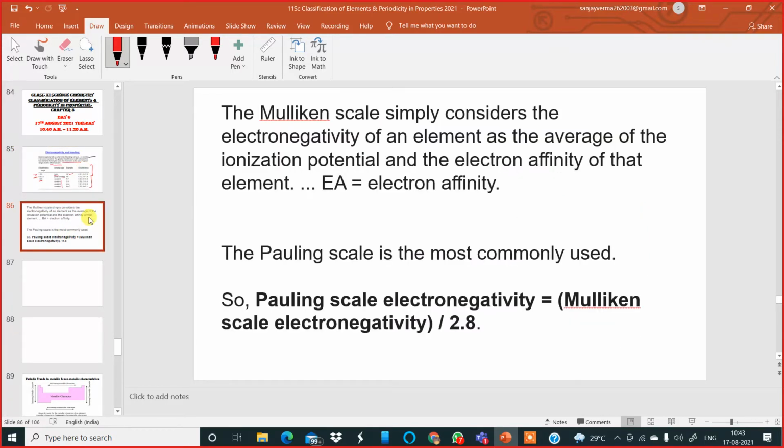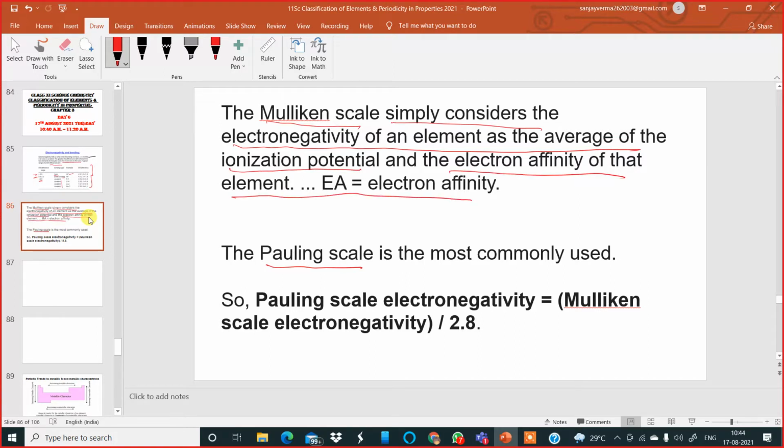Now, looking at the next slide, there are two scales with the help of which the electronegativity concept has been made much clearer. The two scales are the Mulliken scale and the Pauling scale. The Mulliken scale simply considers the electronegativity of an element as the average of the ionization potential and the electron affinity of that element.